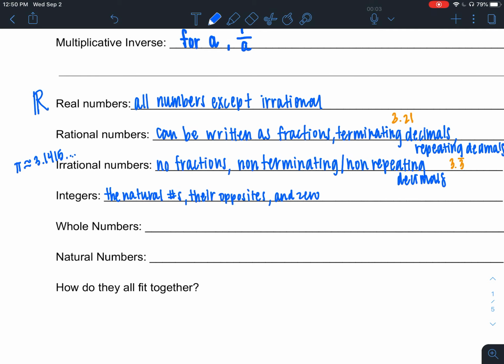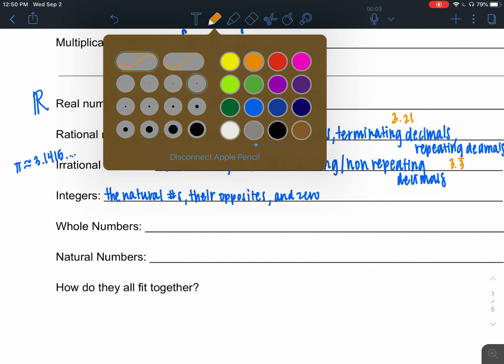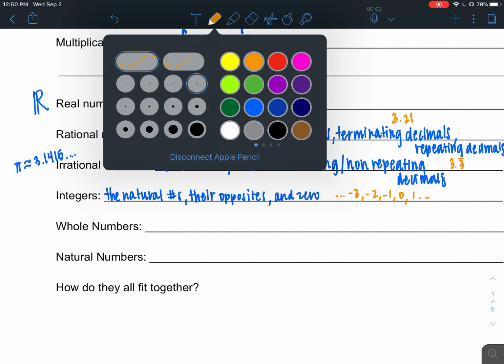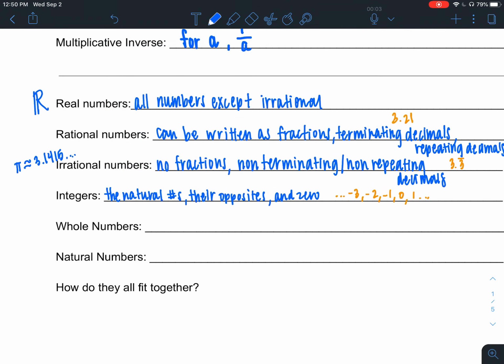So it'd be like -3, -2, -1, 0, 1, keep going up. We also have whole numbers, which are the natural numbers and 0, which would be 0, 1, 2, 3 on up.